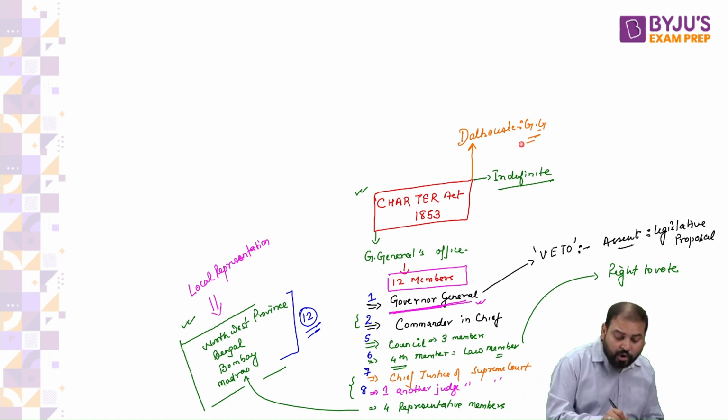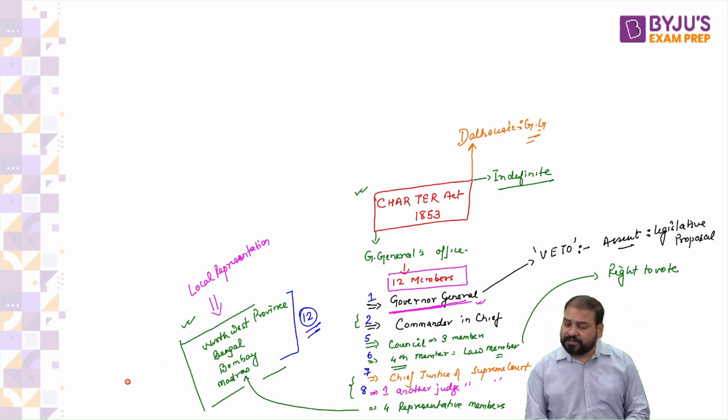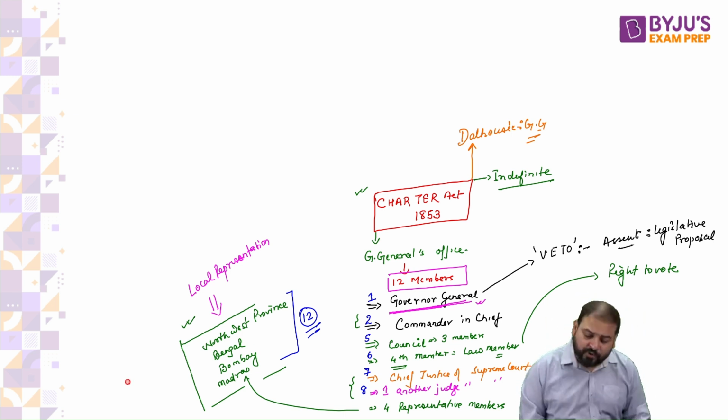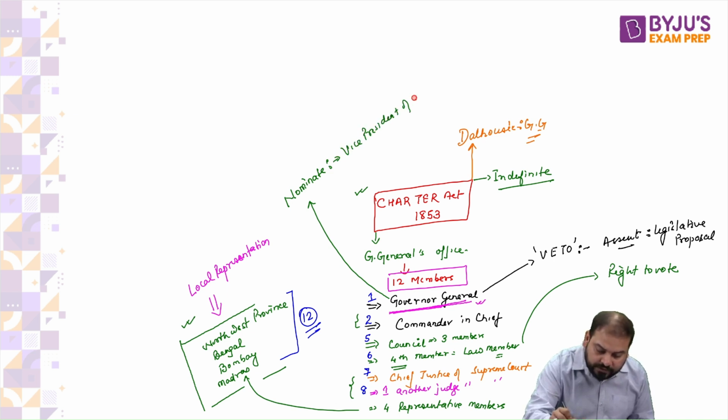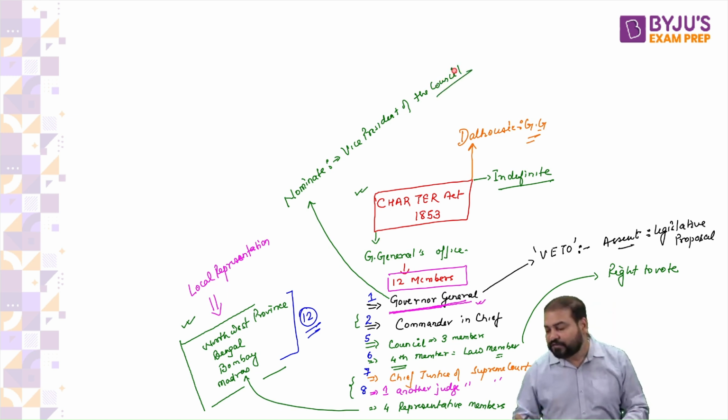No, you only think, now guys, is it possible that every time the Governor General would be present? In every meeting, will the Governor General be present? No, it is almost impossible. So, Governor General also had the power that he could nominate one out of the others as the vice president of the council. He had this power.